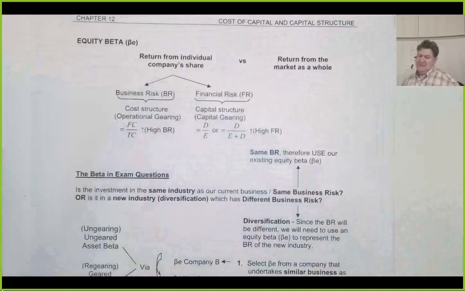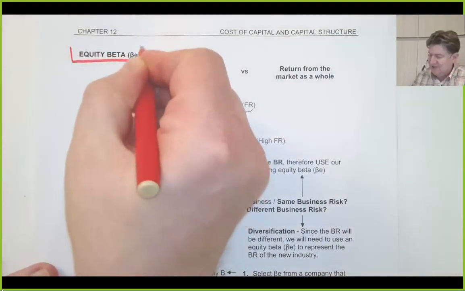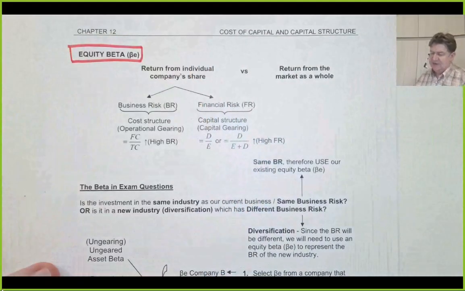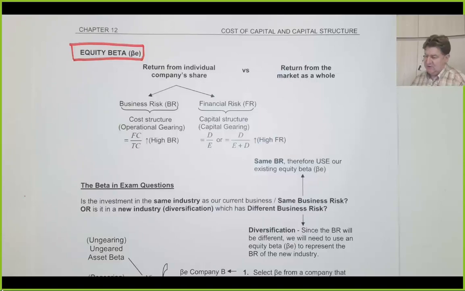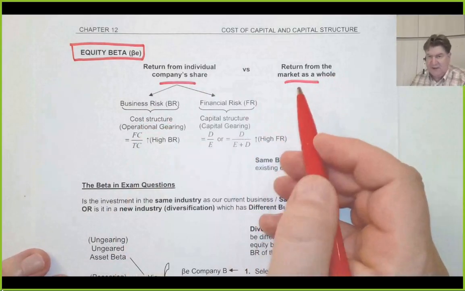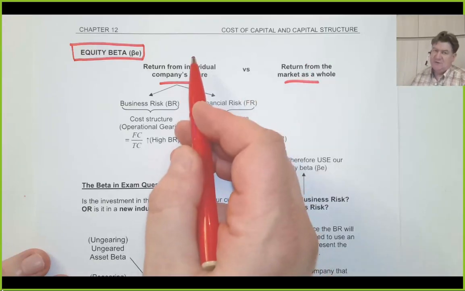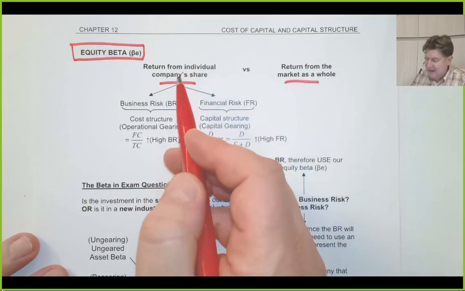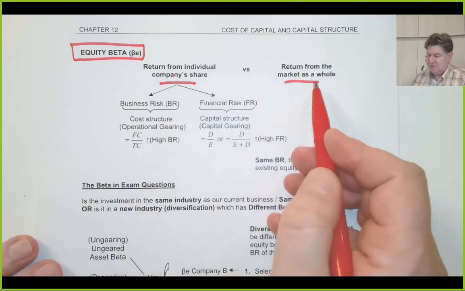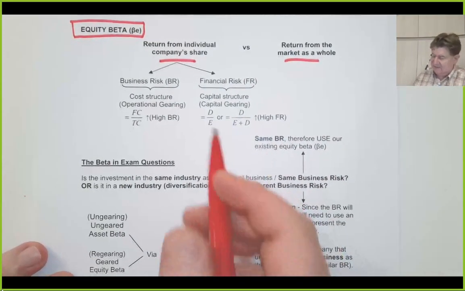Let's first of all look at what's happening here with betas. If you remember, when we started discussing beta, we talked about HSBC, and what we said was HSBC has a beta of 1. So if the market goes up by 10, you would expect HSBC also goes up by 10. So it's comparing the return from a share versus the return on the market. And what makes up an individual beta of a share?